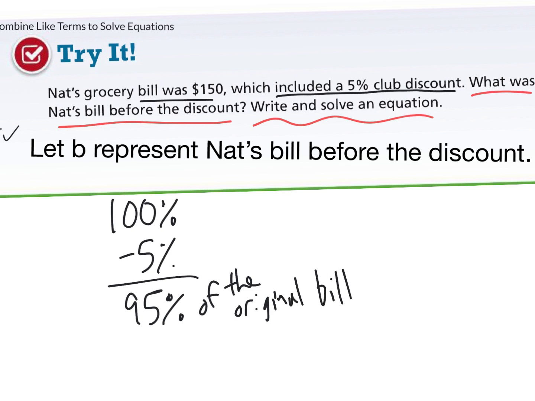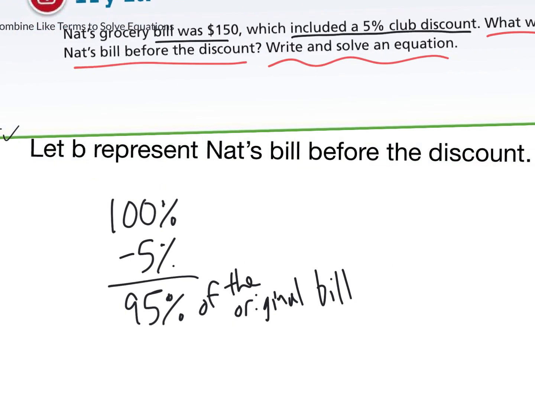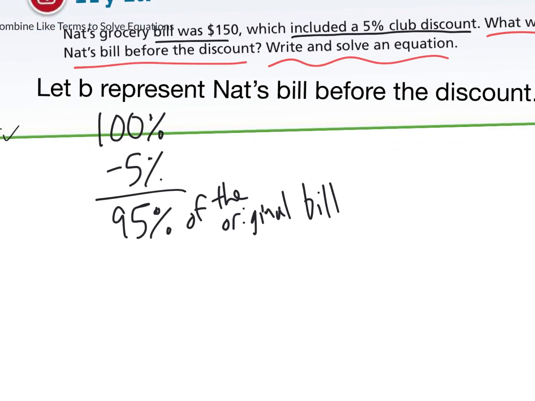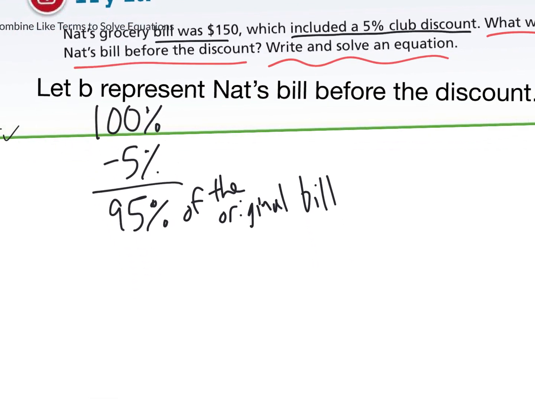And they're telling us that that was $150. So if we want to make this into an equation, we can change the percent to a decimal, or you could change it to a fraction if you'd rather, and then we can work that out.